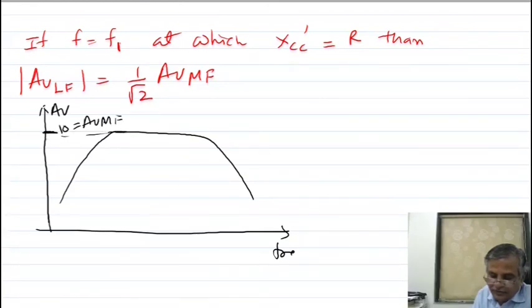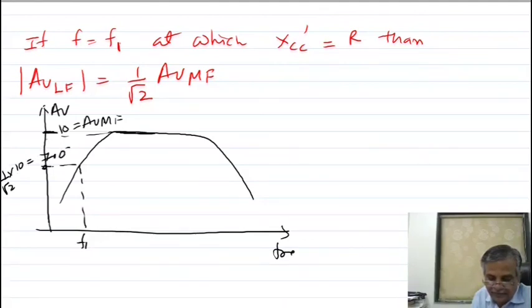The frequency, say F1, at which gain at the low frequency is 1 by root 2 times gain of the mid frequency. Means at F1, suppose gain of the amplifier is 1 by root 2 times the gain of the amplifier at mid frequency, then F1 is called lower cutoff frequency.